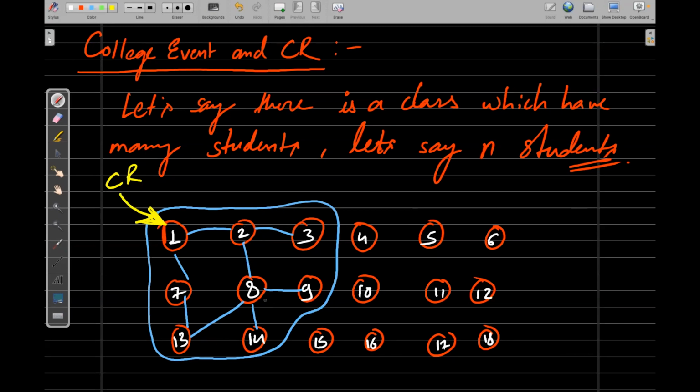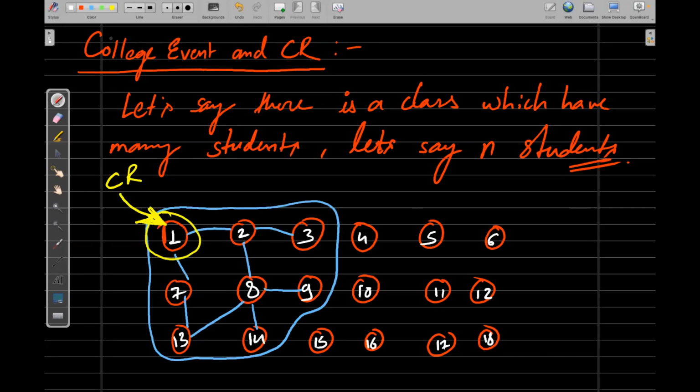So 2 will pass on to 3. So in this way, the CR only needs any one of them in this whole group. So in a particular group, he needs one person.